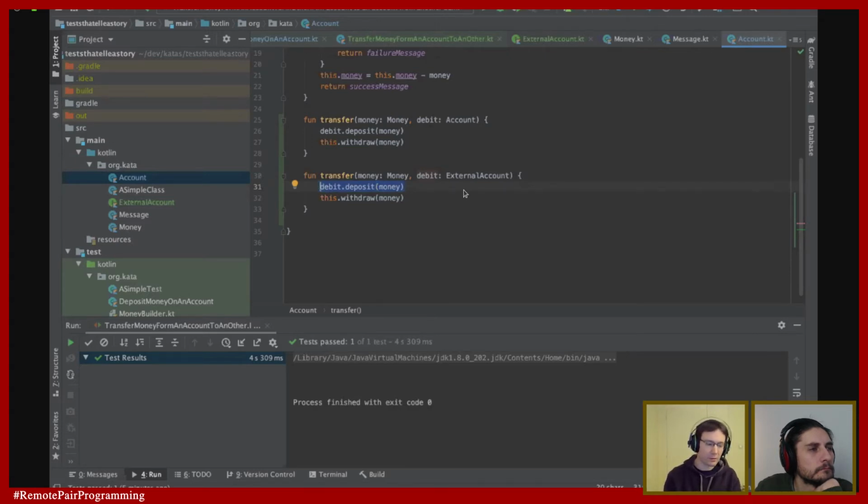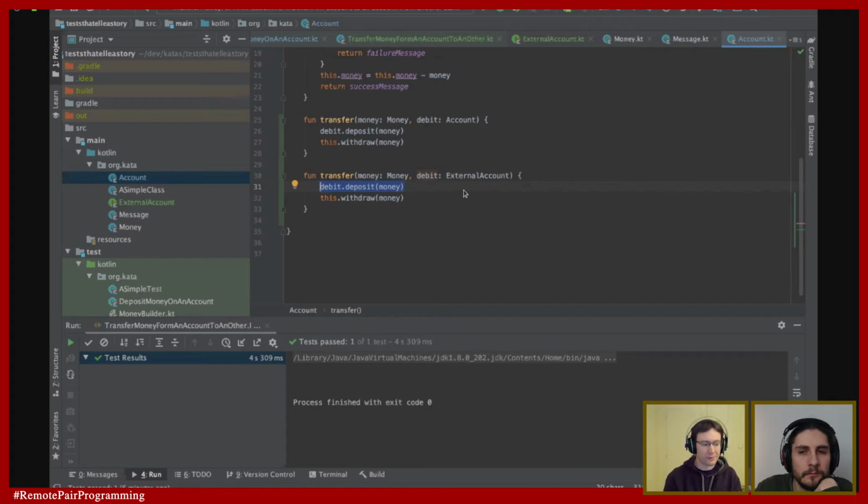So it's very unlikely that this code will be in the deposit method, and it won't probably be in the account class.